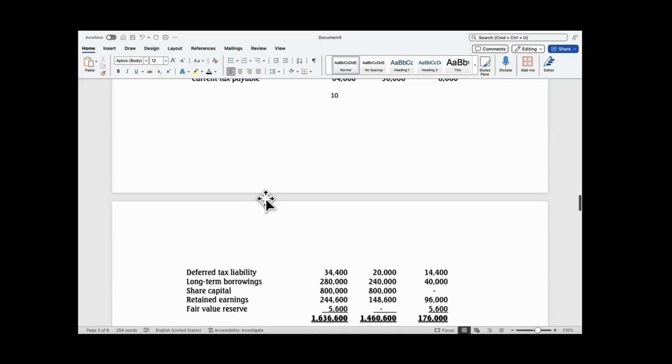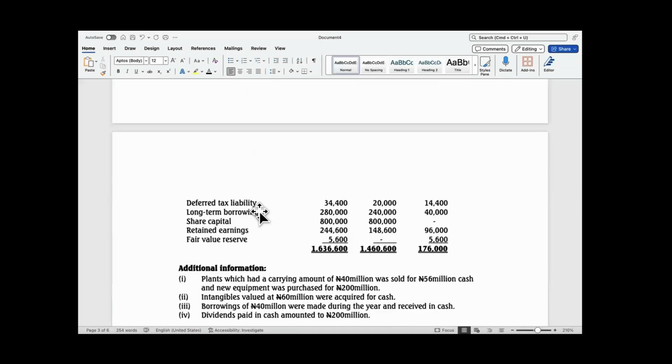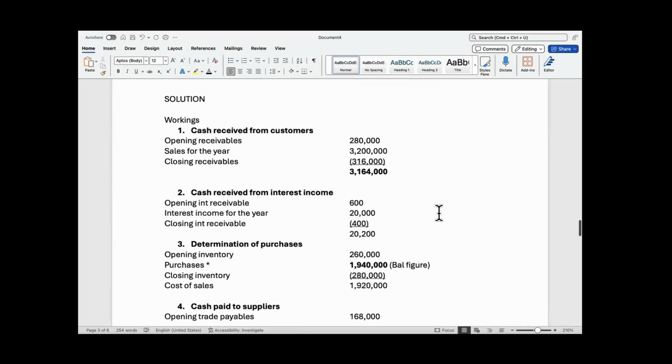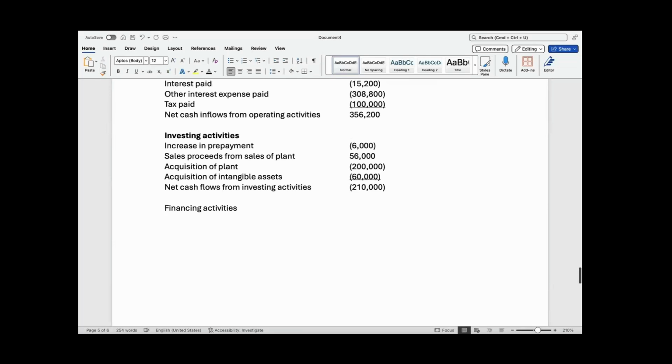Long-term borrowings, haven't used. So there is an increase in borrowings of 40,000. Will this be an inflow or an outflow? Inflow. Yeah, that's correct.